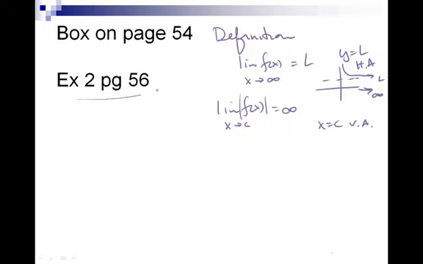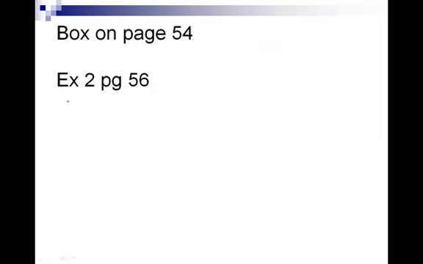Take a moment to look at example 2 on page 56. Cover up the solutions at the bottom and see if you can determine these limits from the graph. Okay, so looking at the top of example 2, our first one asks you to find the limit as x approaches infinity of f of x.